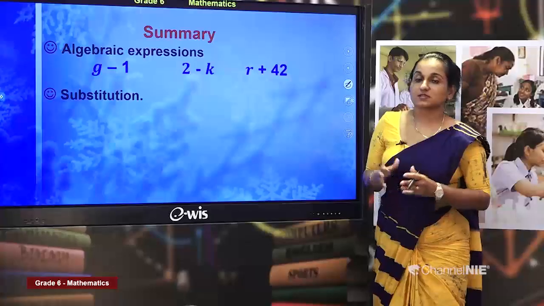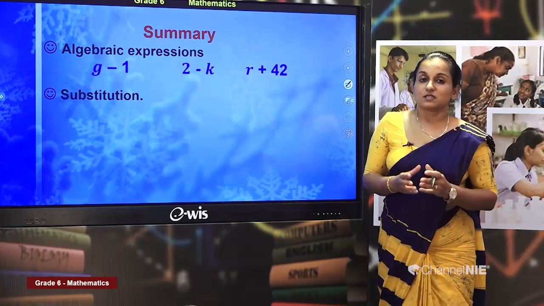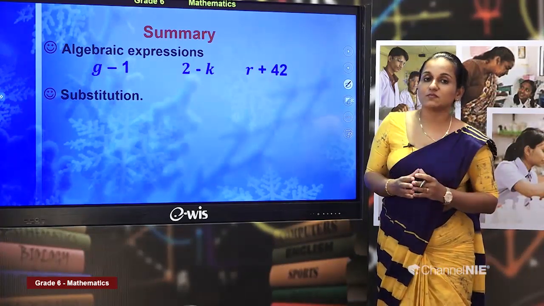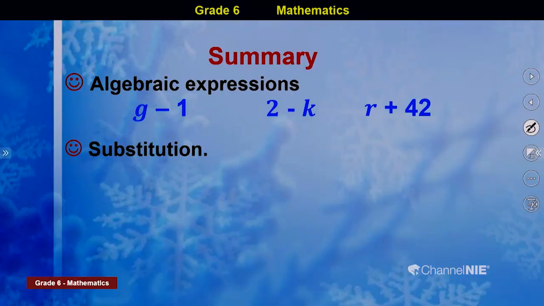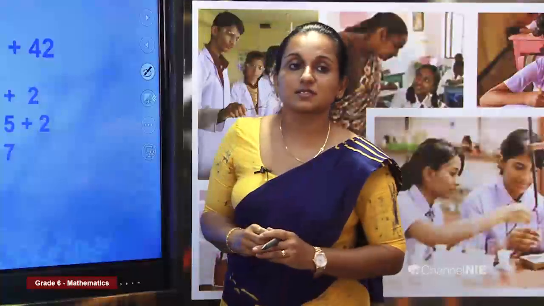Substitution means assigning a numerical value to the algebraic symbol. This is an example: instead of p, we substitute 5 and obtain a numerical expression 5 plus 2 and got the answer as 7.